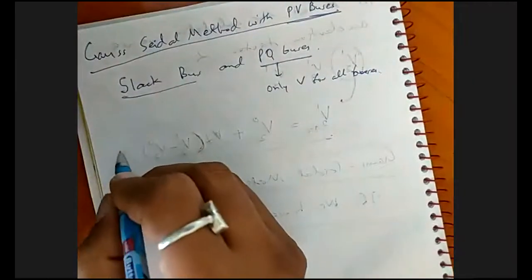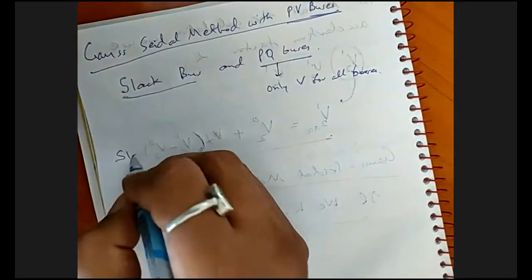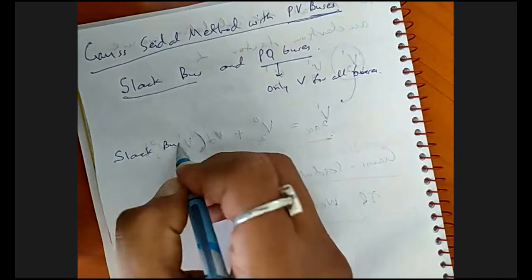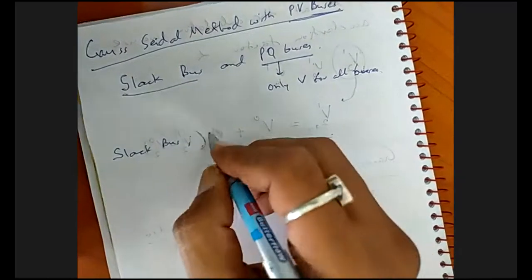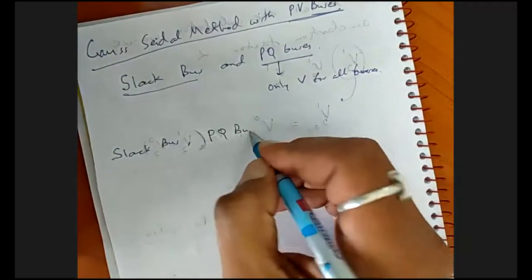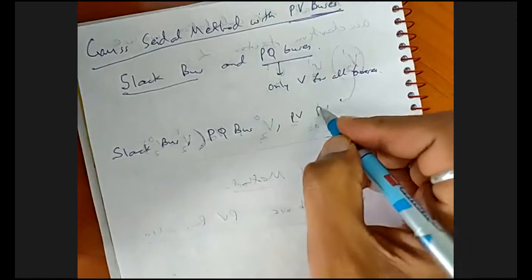But now we are saying that we have a slack bus, PQ buses and PV buses also.